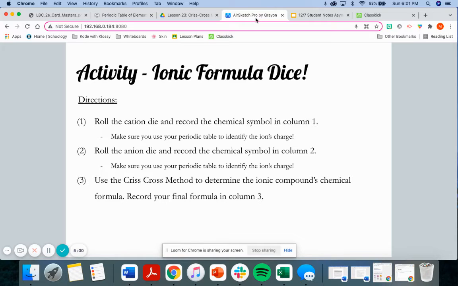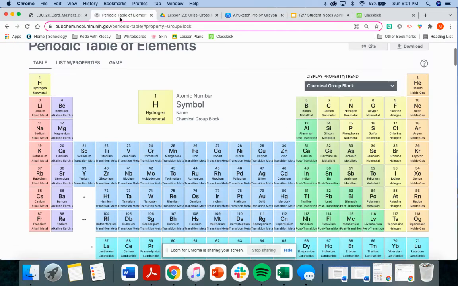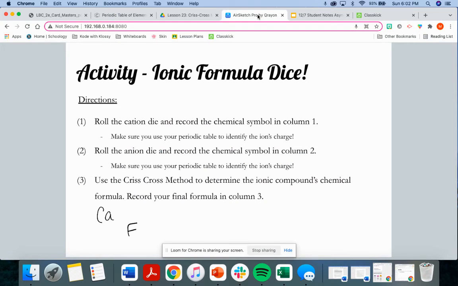So, for example, if a student rolled Ca, and let's say on the anion dice they rolled an F, first they would have to head to the periodic table and see that Ca, calcium, is going to take on a +2 charge by getting rid of its 2 valence electrons.